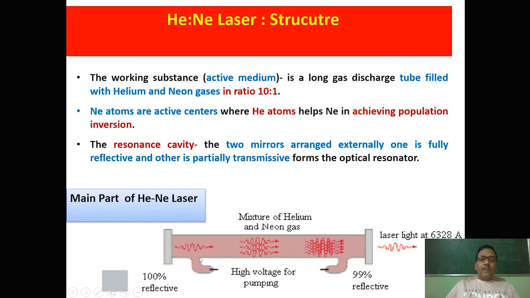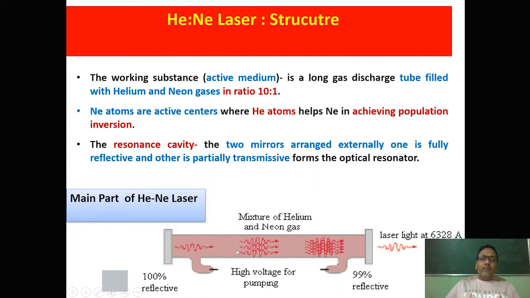As far as the mechanism is concerned, when a high potential is applied between the anode and cathode, the helium and neon get ionized, and electrons move from one electrode to another, towards the anode, the positive electrode.